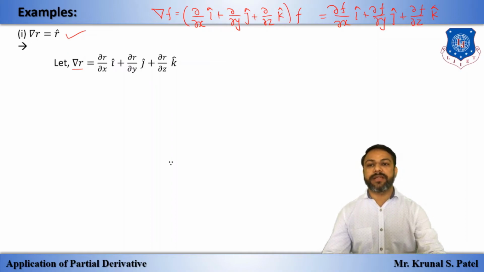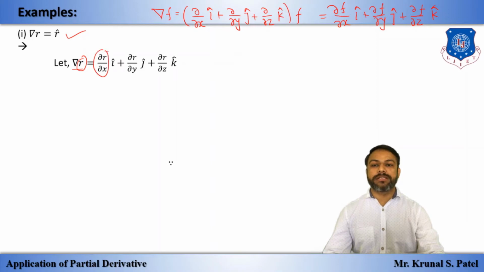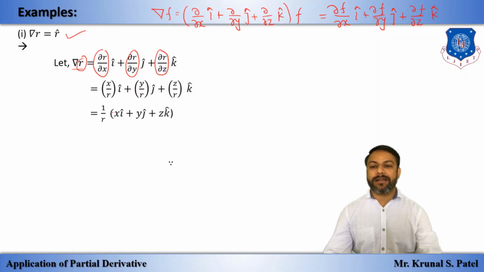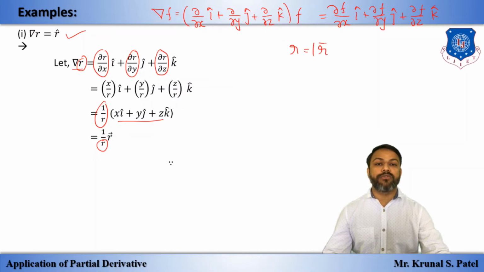The same concept we used here, r multiplied in this bracket. Now we have all these three derivatives, which we just found: x by r, y by r, z by r. We can take 1 by r common, and we have xi plus yj plus zk, which is our vector r. And we know the formula for small r: as I told you, r is the magnitude of vector r.